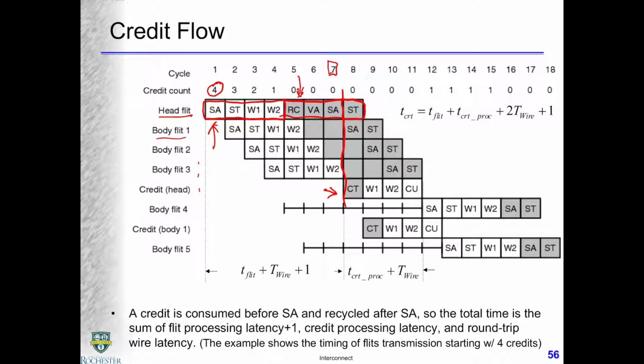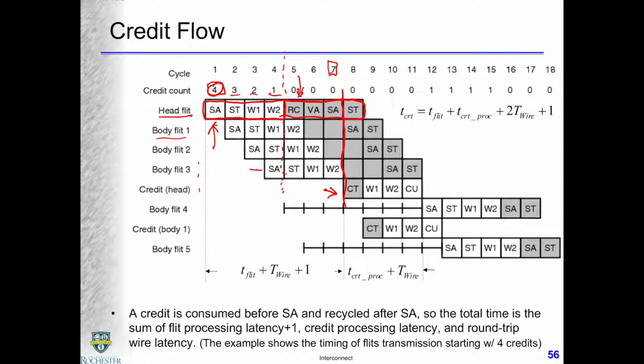So because we had 4 credits at the beginning of this whole thing, and every cycle we successfully allocated a switch and transmitted the entire flit and keep on going, at the end of cycle 4, and this is here, we run out of our credit.